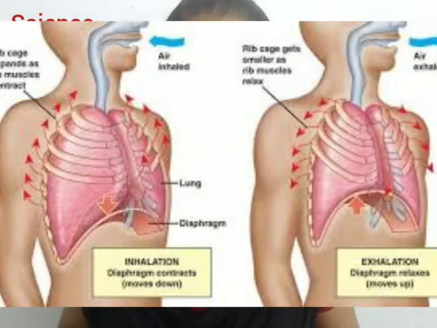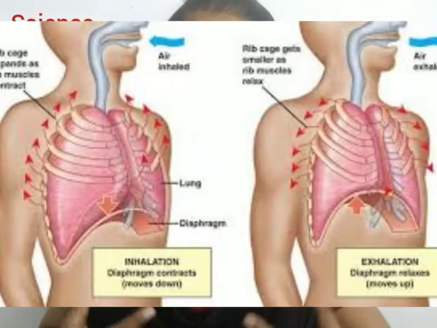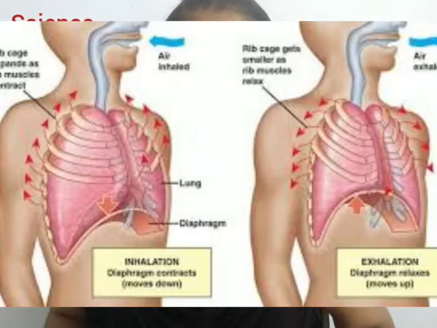As you have studied in science, as the volume increases, the pressure decreases; it is inversely proportional. So the air pressure decreases, the lungs expand, and the diaphragm moves downwards.